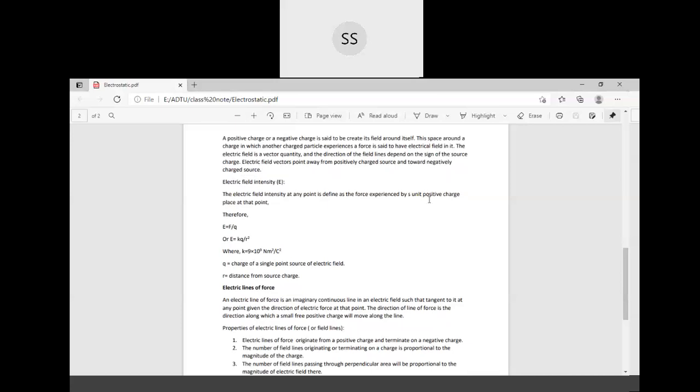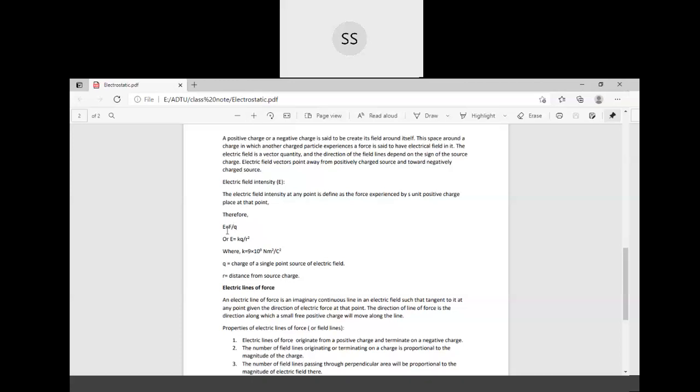I have already told you that as we go towards the source charge, intensity increases. As we go away from the source charge, intensity decreases.